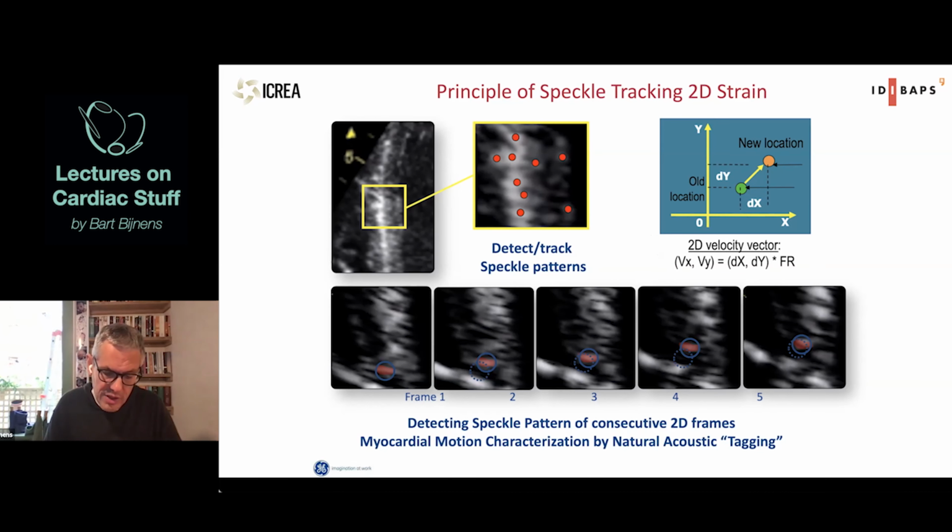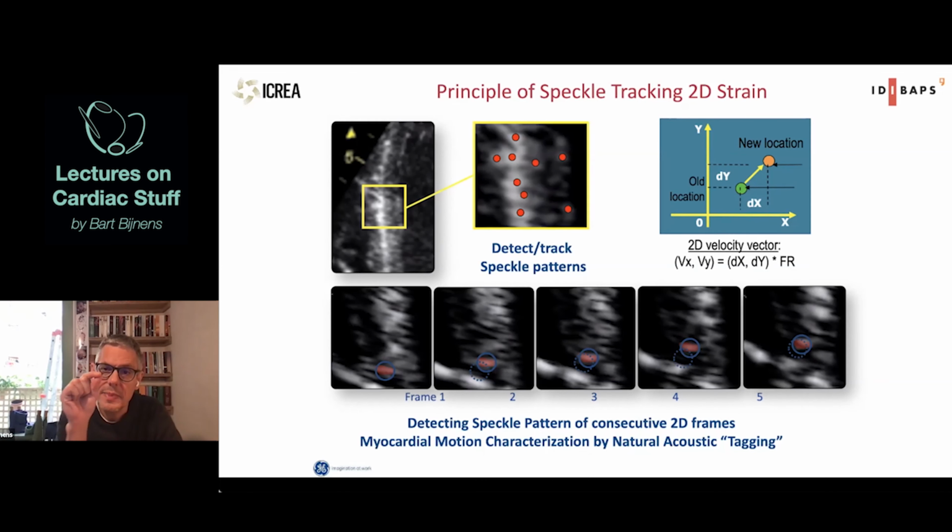Now, the type of deformation measurement that is currently mainly used in cardiology based on ultrasound is speckle tracking. When you look at an ultrasound image, you very typically see the speckle pattern. That's because of the interference of scatter reflections.